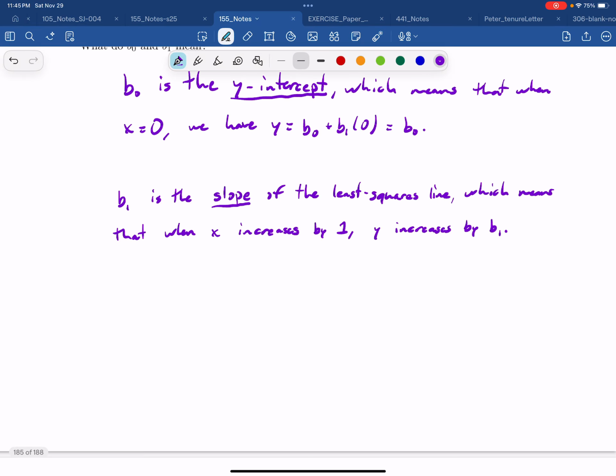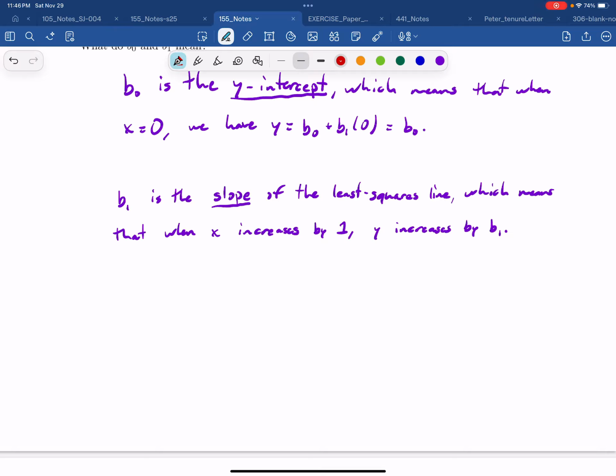Now, I just want to emphasize that this is not an implication that x increasing by 1 causes y to increase by b1. That is not what I am saying. What I am saying is that there is a relationship between x and y such that when x increases, y tends to increase too.